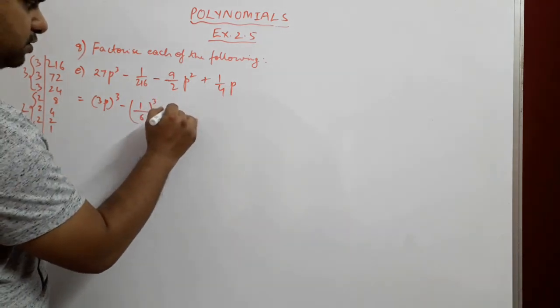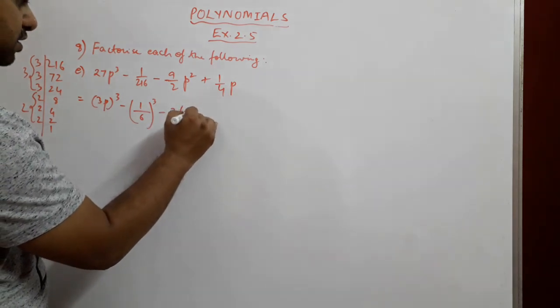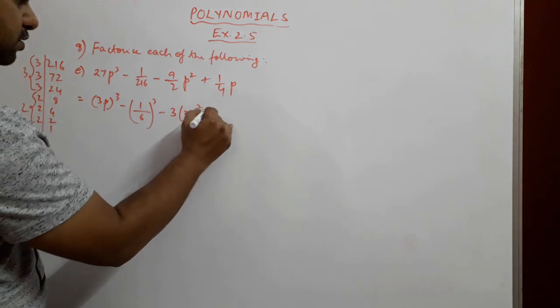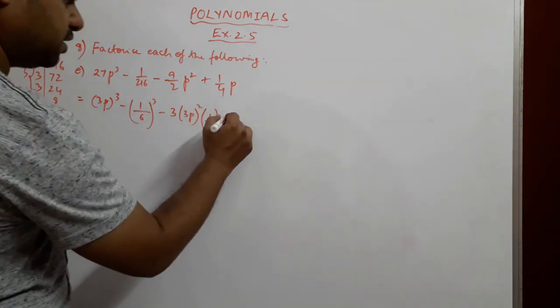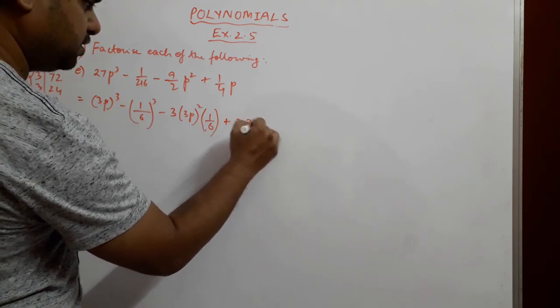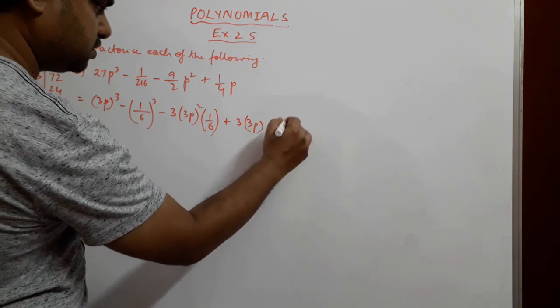3a square b. So 3a is 3p, that's 3a square, and b is 1 upon 6, and this would be 3ab square. So 3a is 3p, b square would be 1 upon 6 whole square.